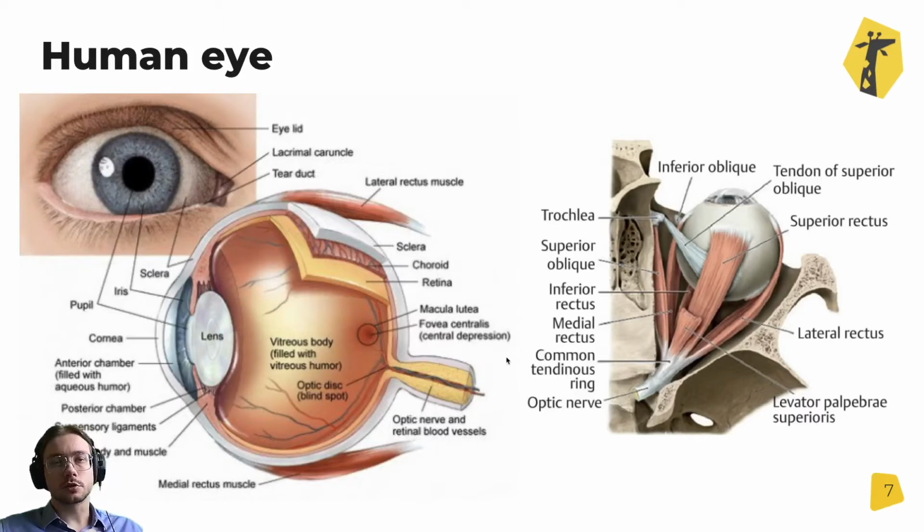From this picture, you can see that the human eye is a very complex structure which consists of many different parts, each of which is responsible for something different and is important for the whole system to work properly. Many muscles, many types of tissues, and so on.